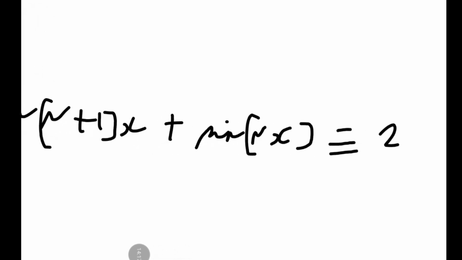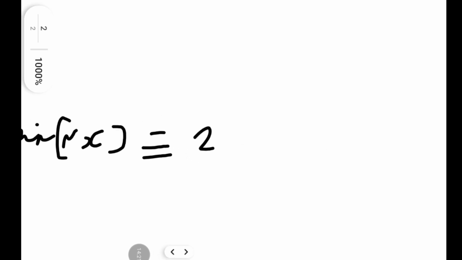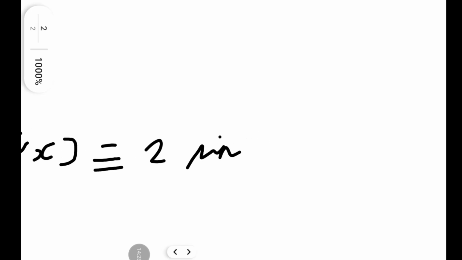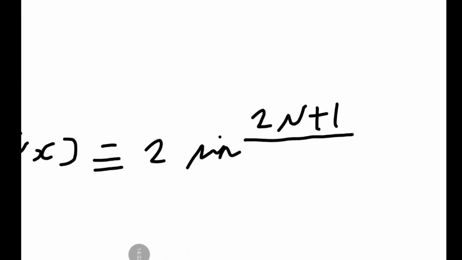Since they've both got a factor of x in it, it's going to be 2n plus 1 when you add them. So it's going to be, let's see, sine of (2n plus 1)x over 2. Yeah, you have to divide the whole thing by 2, remember?